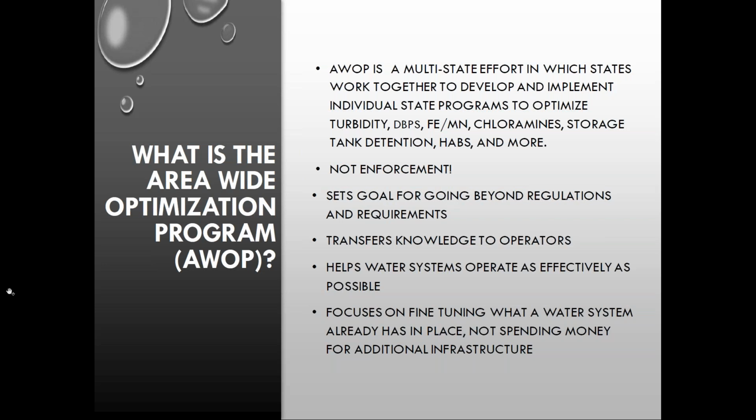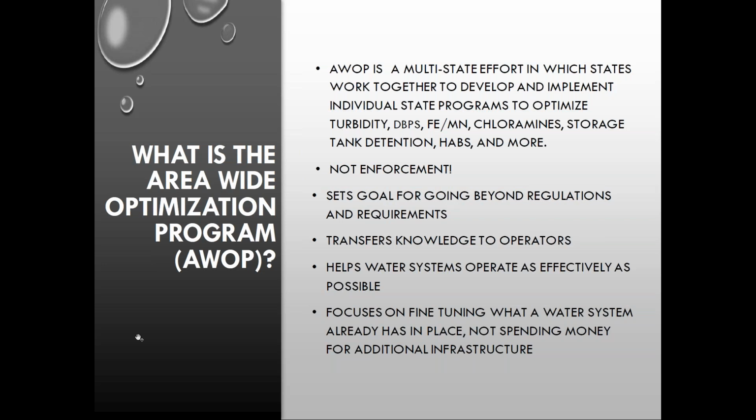AWOP sets goals for going beyond regulations and requirements, and one of the key elements is transferring knowledge to the water operators. Operators are operating their water systems every day. They're producing the water, sending it into distribution, sampling it, and providing safe drinking water to everyone. So if we don't have their buy-in for optimization, AWOP will not be a successful program.